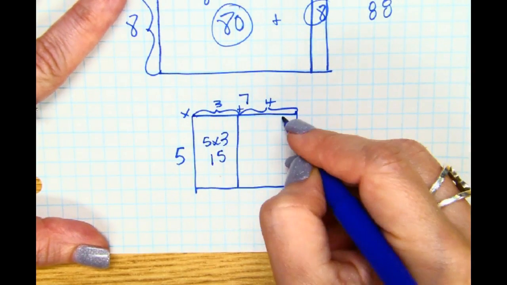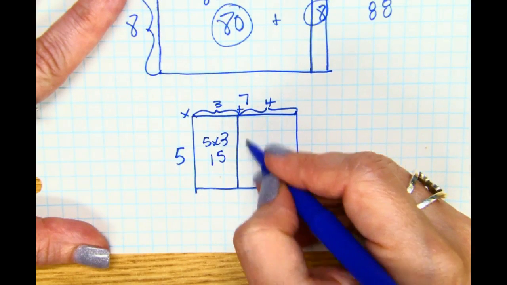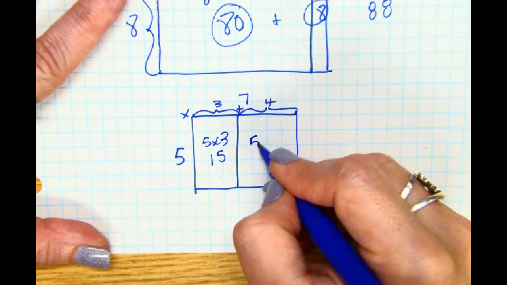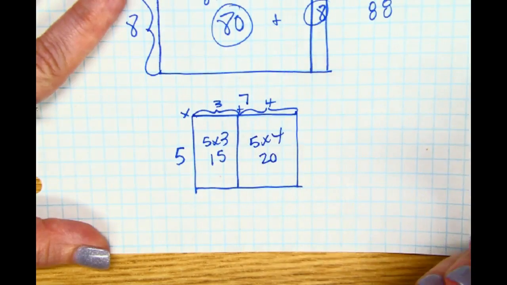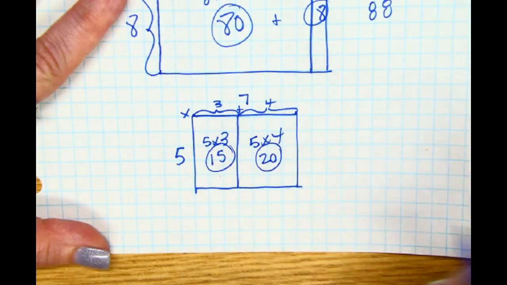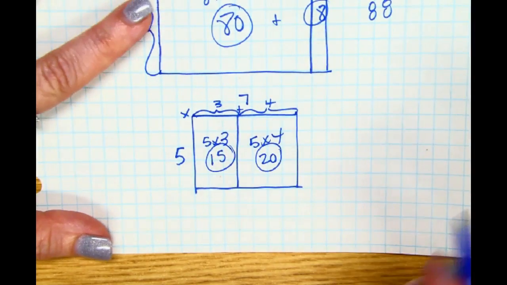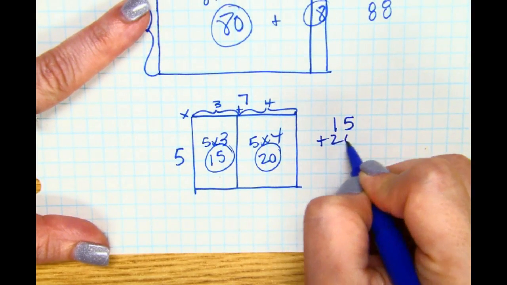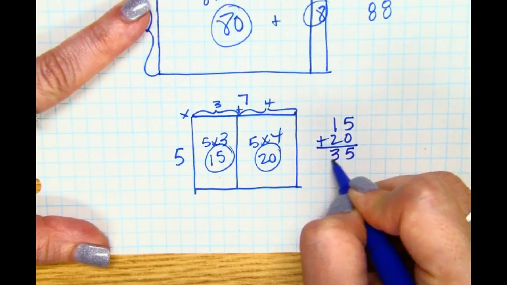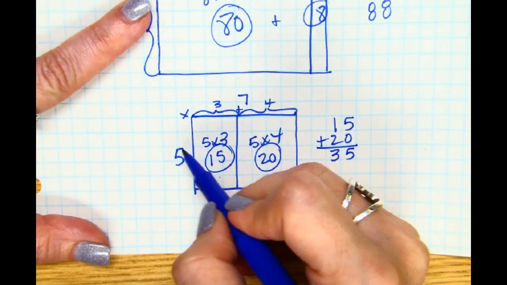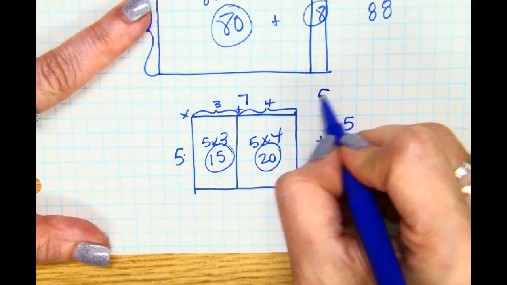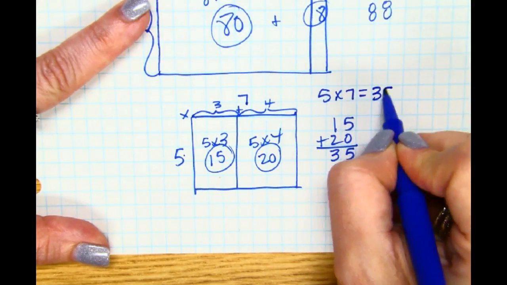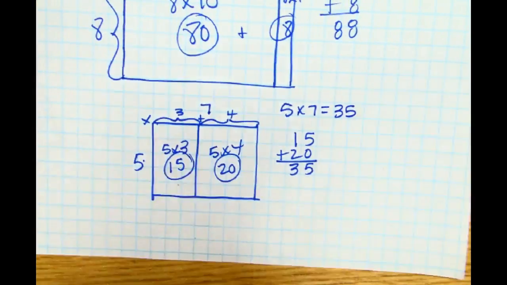And what would be here? 5 groups of 4. So 5 times 4 equals 20. We're saying that we can add these two partial products together and get our answer. So we have 15 plus 20 is 35. And what do you know? 5 times 7 is 35. That's the distributive property. Good job.